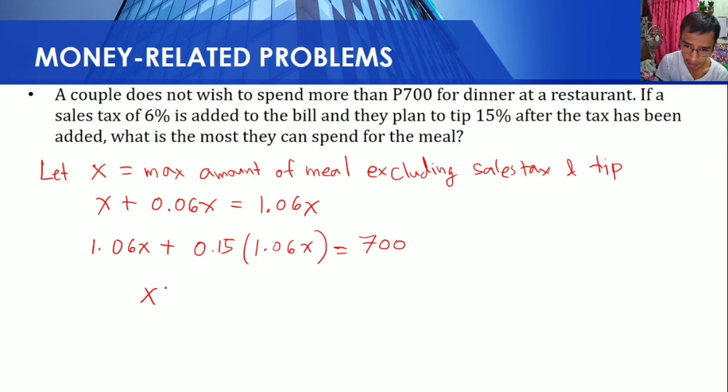So, magiging x is equal to, isolve nyo na lang sa inyong calculator. Shift solve for x, or pwede nyo ring imano-mano. So, x will be 574.24. Ito na yung magiging value ng x natin.